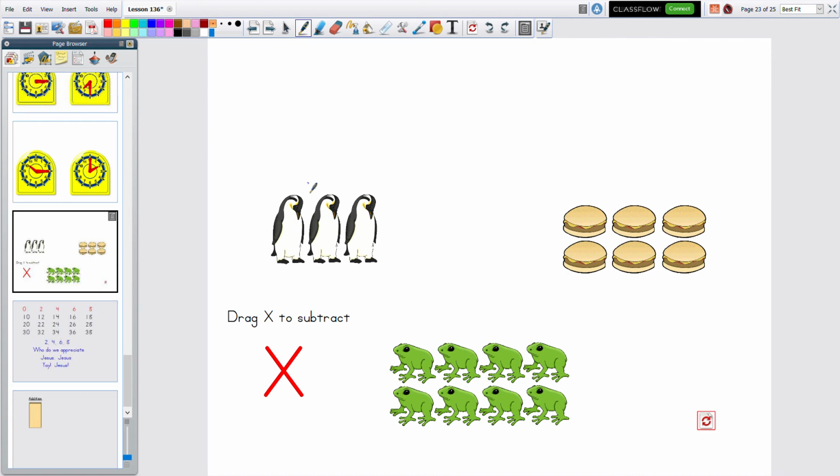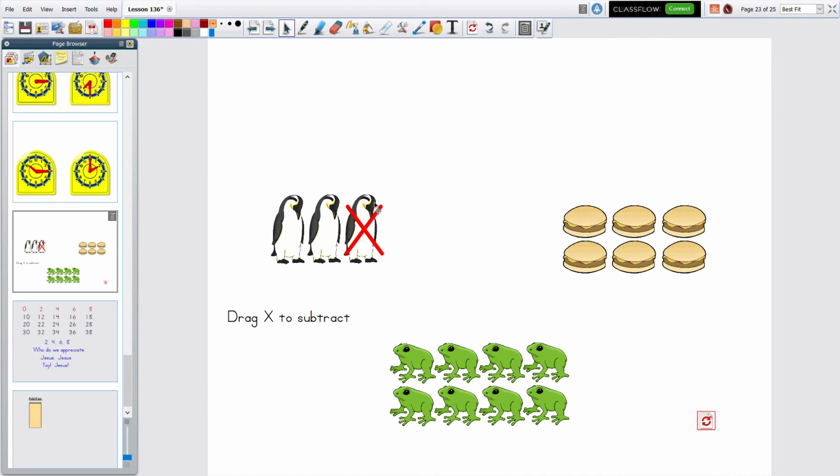We have 1, 2, 3 penguins. It says drag the X to subtract. So there's 3 penguins on the iceberg. Whoops, I have to get my other tool. I'm going to drag this X up here, and I'm going to put it on there.